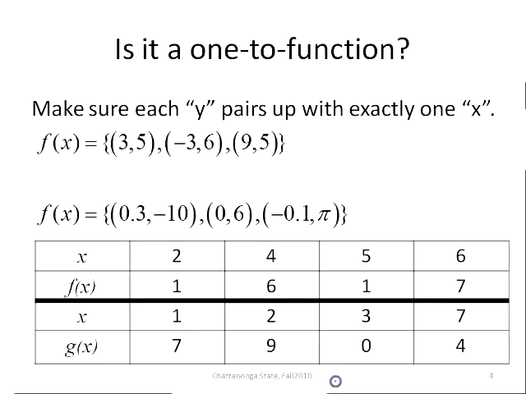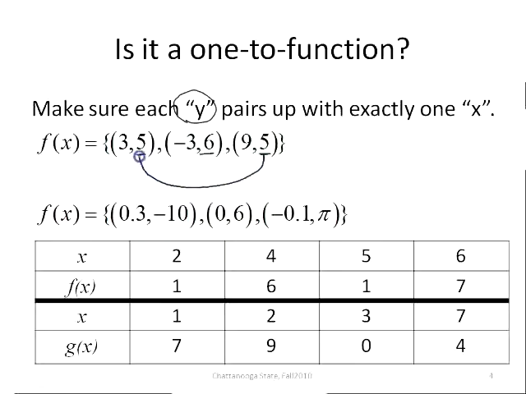So let's see if these are one-to-one functions. My first function is the function f of x, and it contains the ordered pairs (3, 5), (-3, 6), and (9, 5). So what we want to look at here is each of our y's. Here I have a y of 5, I have a y of 6, and I have another y of 5.